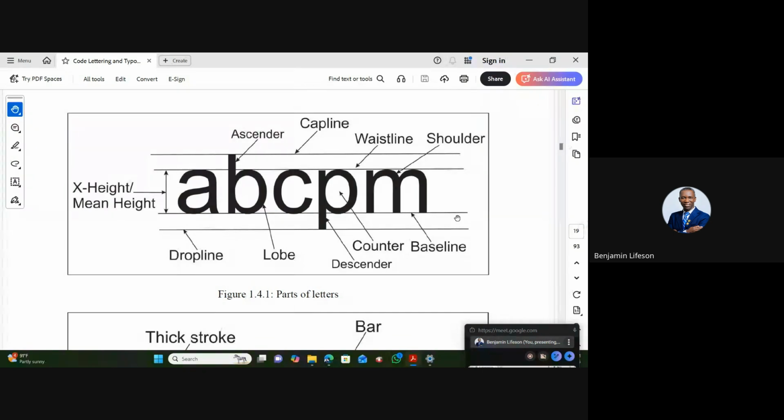This is the baseline. Any letter that falls below the baseline is known as a descender. So we have G, P, Q, and many more.